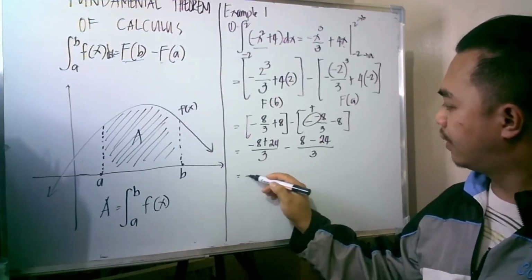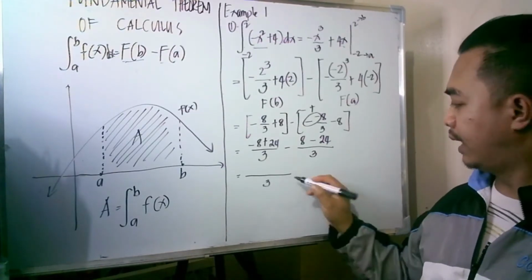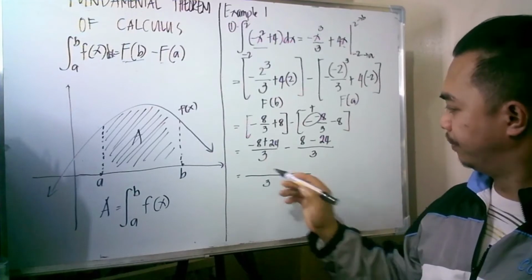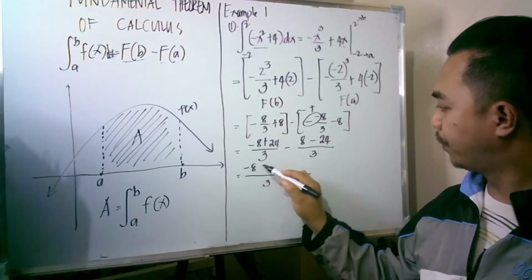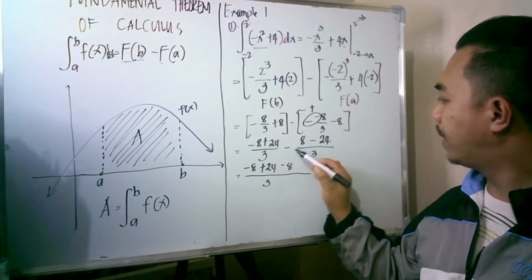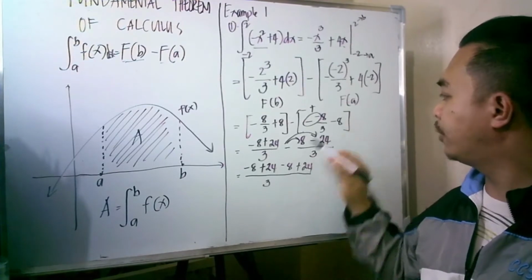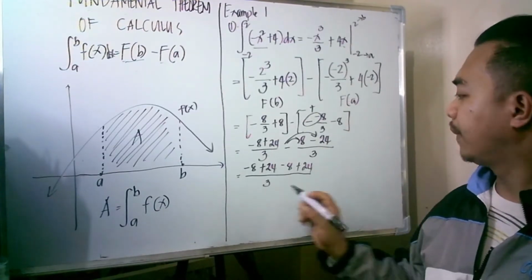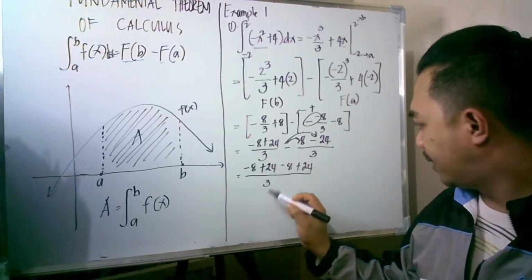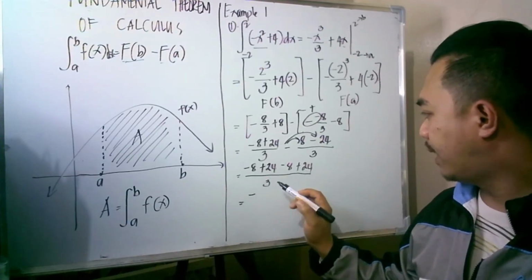And then combine. Parehas na 3 naman yan. So pwede lang natin i-combine yung numerator. Negative 8 plus 24 minus 8, pero magiging plus 24 na siya kasi i-distribute pa natin yung sign na minus na yan sa gitna. So that our answer is negative, ano ba?